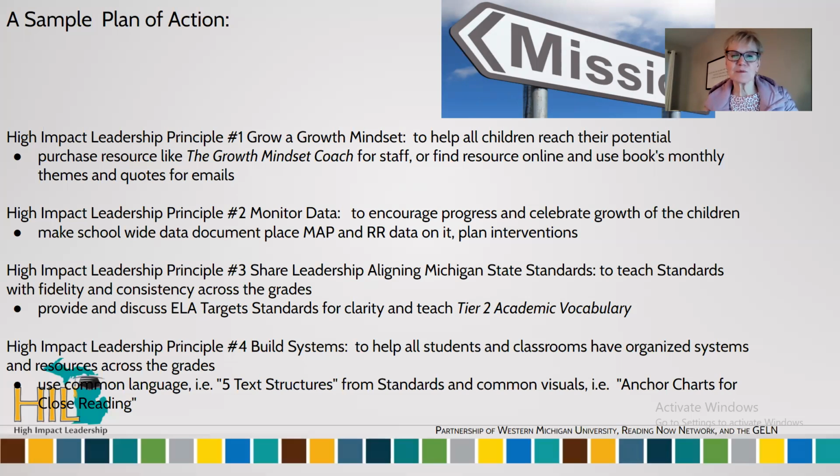And then fourthly, in terms of systems, perhaps we want to discuss what the 5 tech structures are, and think about the best way to have a visual of what it means to have a close reading task before us.